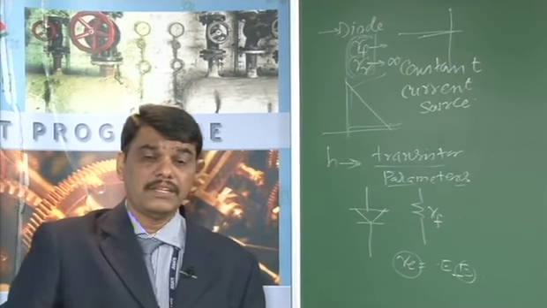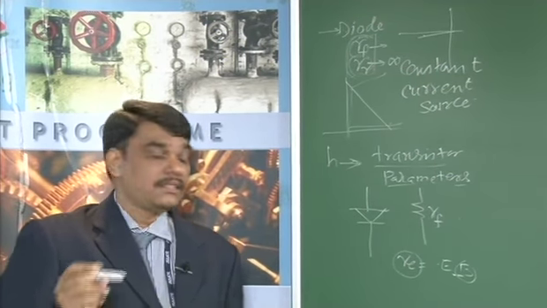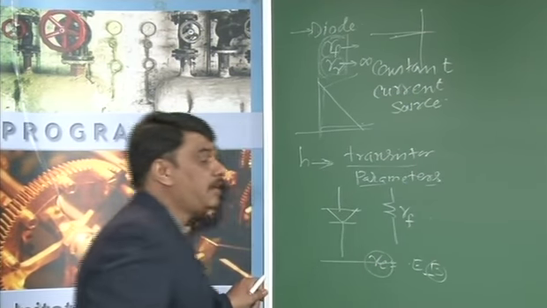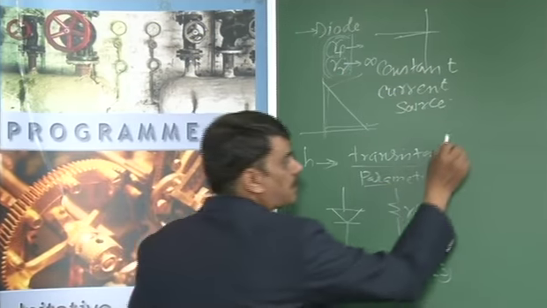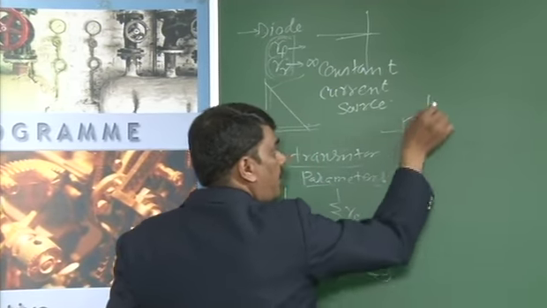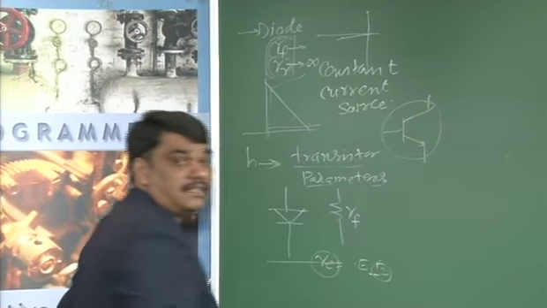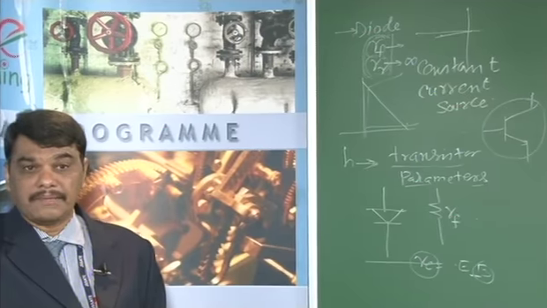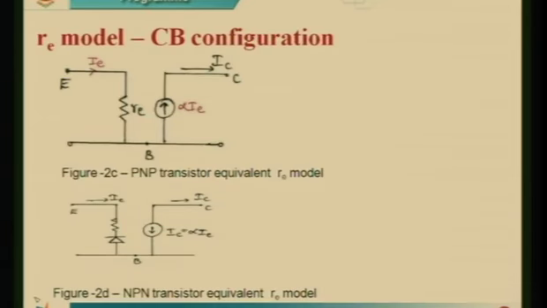When you are defining this re model, you have to analyze the transistor. When you are defining transistor parameters or analyzing a transistor amplifier, we need to replace the transistor with the diagram shown in figure 2c, for a transistor amplifier in a common base configuration.